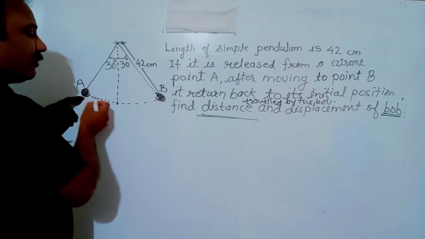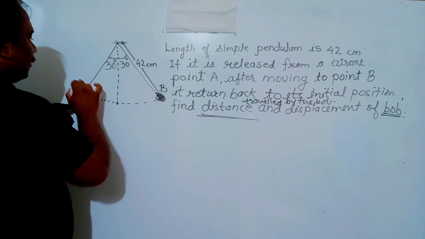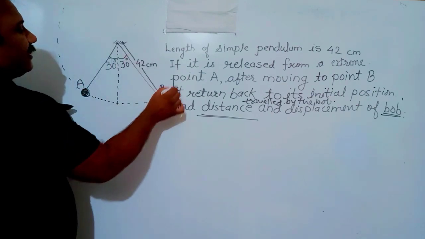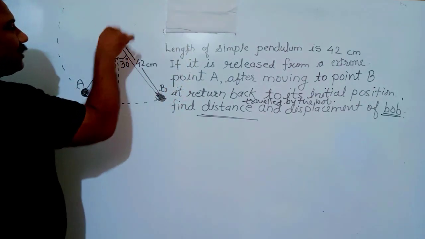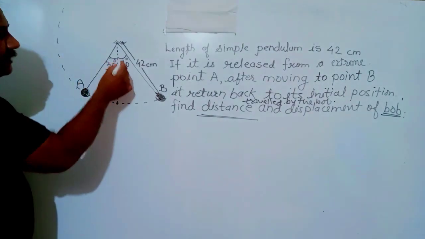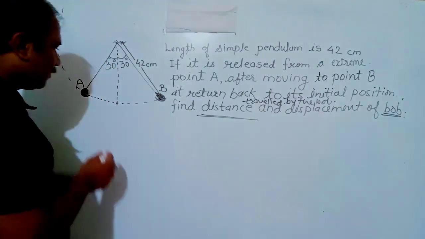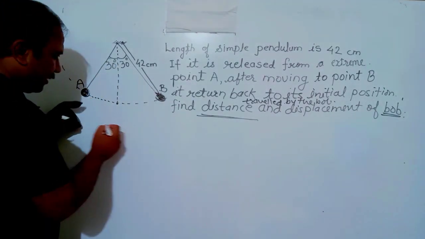What is the length of this path? As we know that this is the arc of a circle and the total angle of the circle is 360. So this is angle 60, means it is the 1/6 of the total angle. So what is the length of this arc?